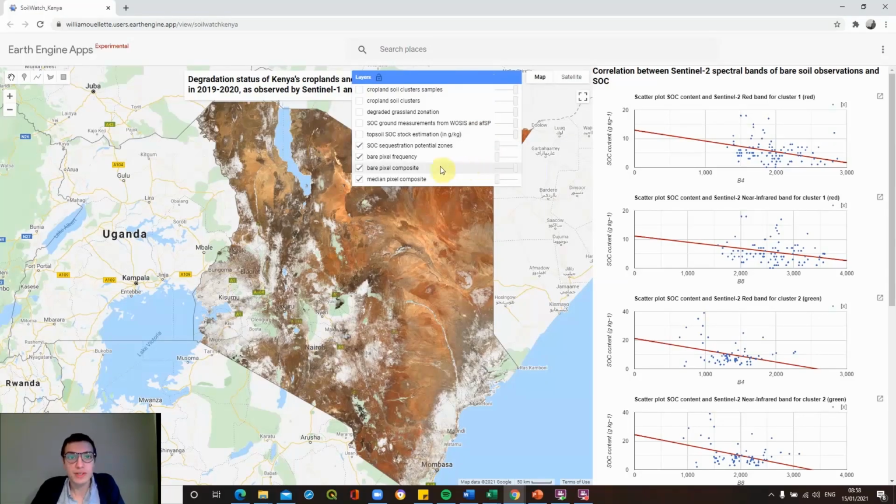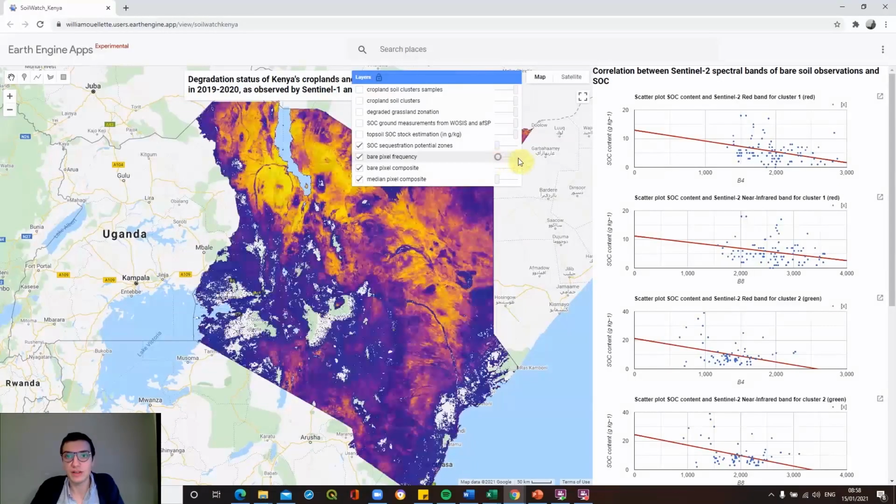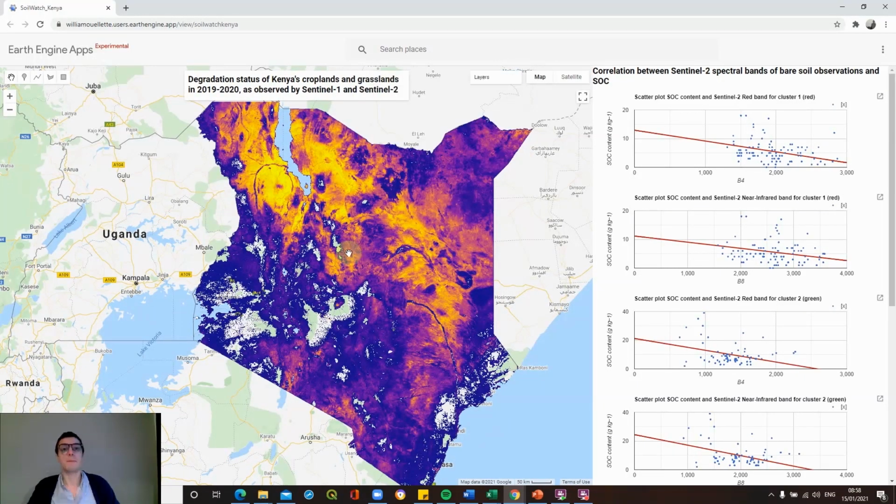And what we end up doing is use these bare soil composites and an additional layer on top, which is the bare pixel frequency. So how many times in the year has the pixel at a given location been observed to be bare?